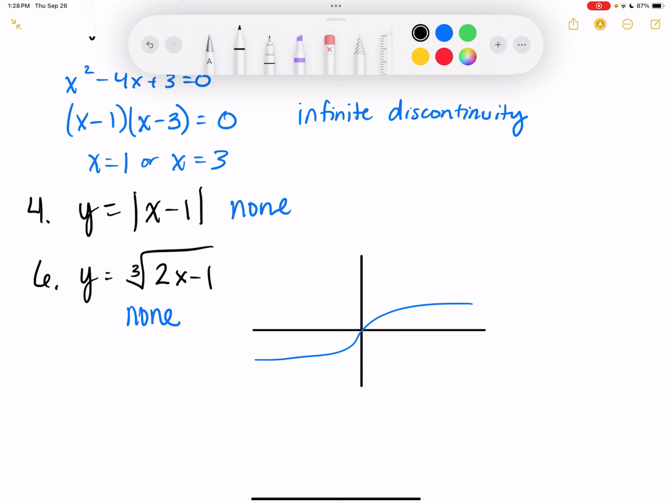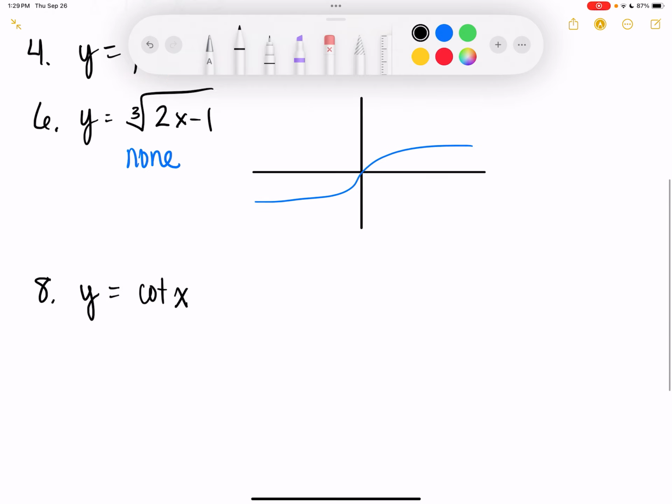Number 8, we're gonna get a little crazy here. Y equals the cotangent of x. It doesn't cross through 0, right? Yeah, that's one of them. Where would tangent have a problem in the denominator?